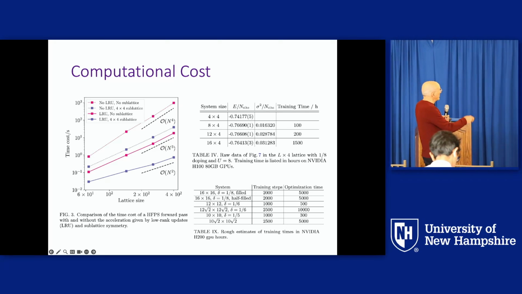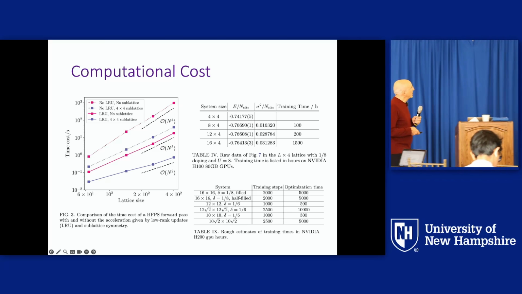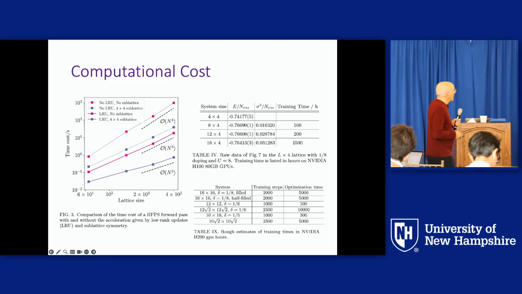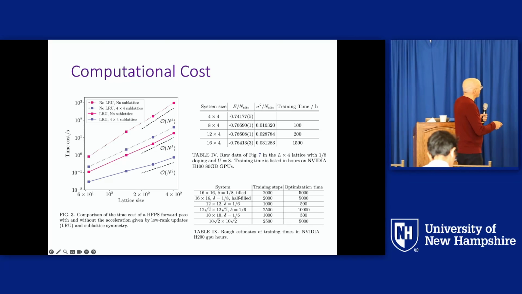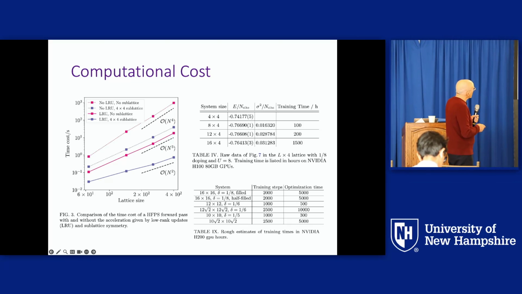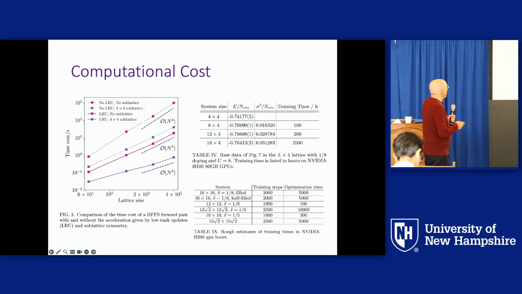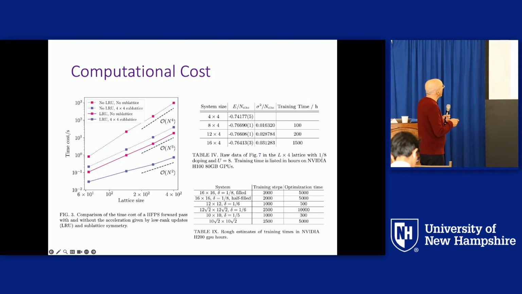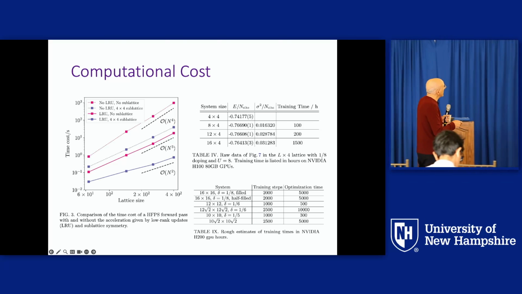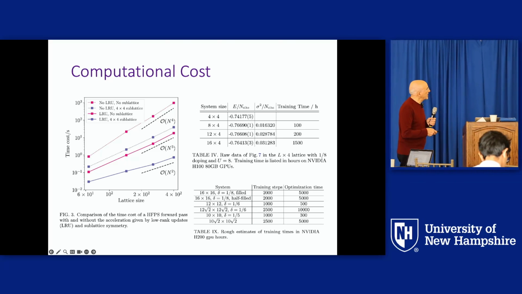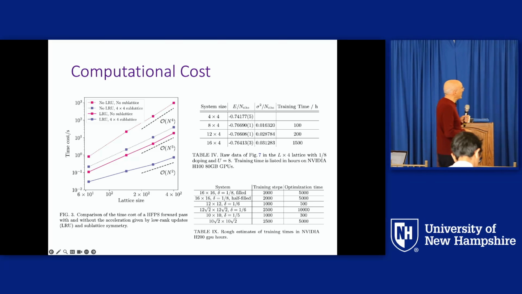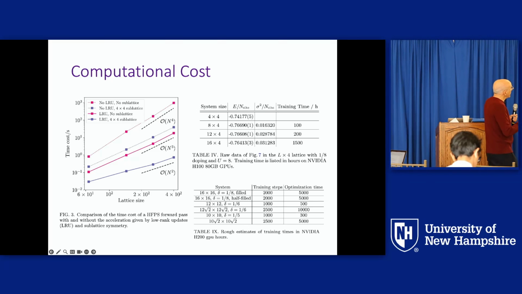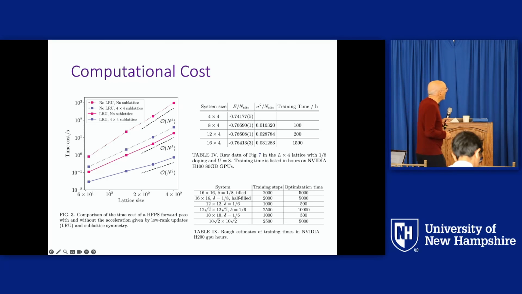Here you see some scaling of the system tested on different lattice sizes from small to large, comparing no low rank update and no sublattice symmetries implemented, to full low rank update and 4x4 sublattice symmetry implemented, where we can convincingly find that one goes from n to the 4 to n squared, bringing the computational time down by several orders of magnitude.